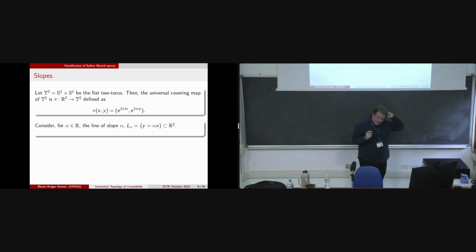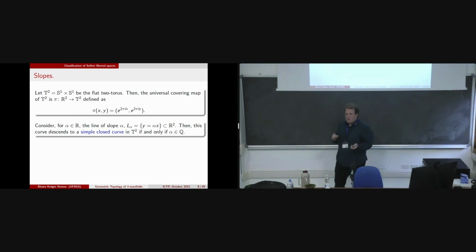Then what happens to these lines in R2 of slope alpha? Any number alpha, you take a line y equals alpha times x in R2, and you push this line onto your torus. What maybe you know probably is that this curve descends into a simple closed curve if and only if this slope is a rational number.